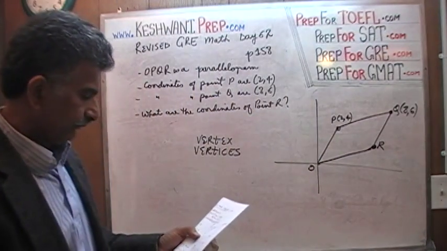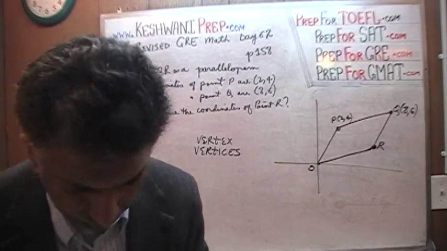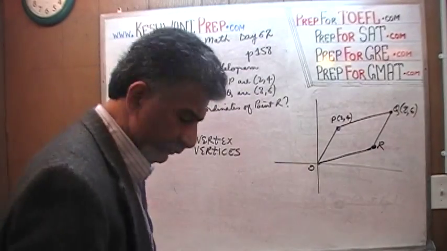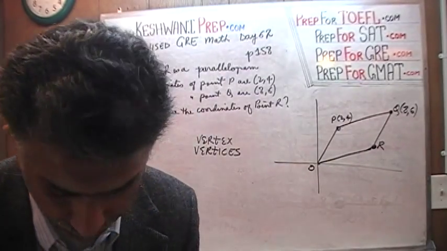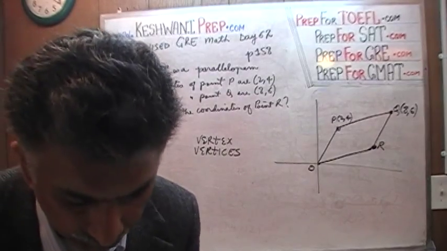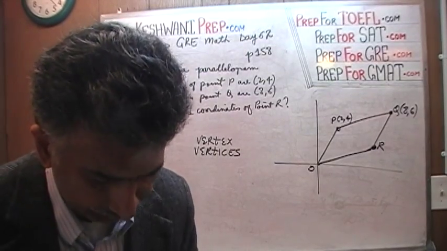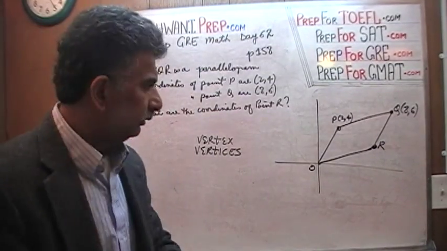Enough of the talk. I'm going to put it in a different color, so it makes it easier for you to distinguish between what is given and what we are putting in ourselves. So we'll use the red and the blue.